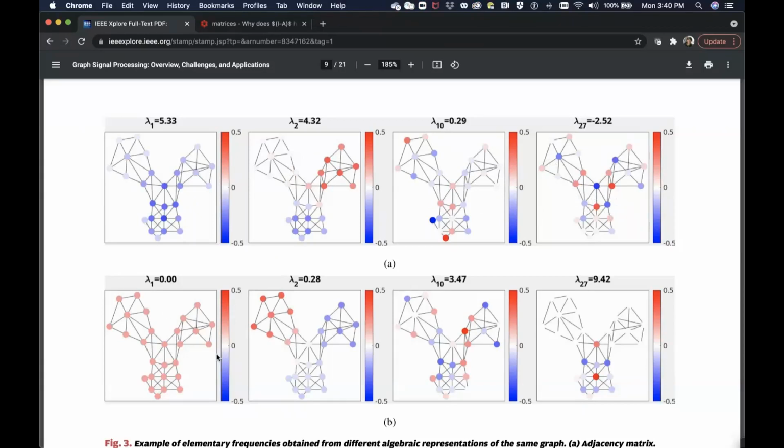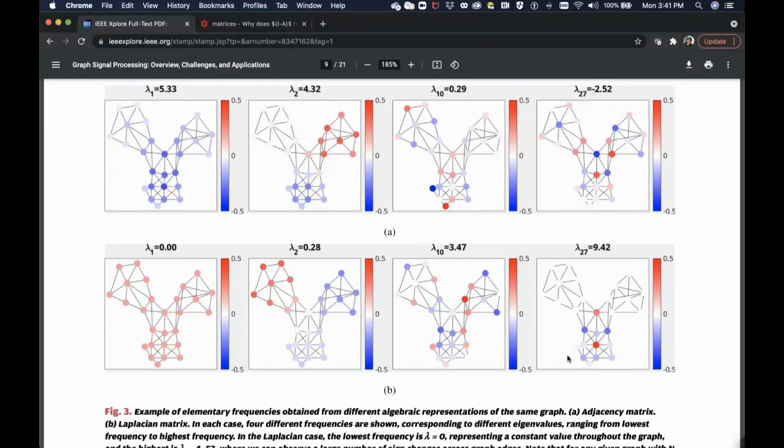The same notion goes for the SVD of the Laplacian matrix, except that the lowest eigenvalue is the one that represents the lowest frequencies. You can get some effects on the higher frequencies for the Laplacian matrix, where only a subset of nodes is non-zero, which I think the relevance of depends on the specific application.